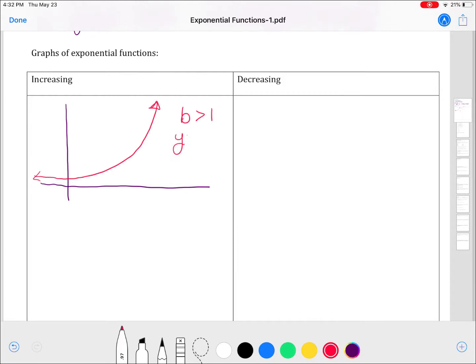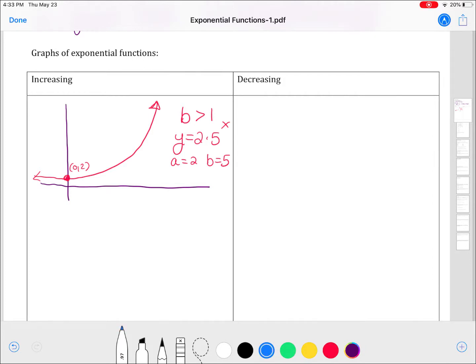For example, if I had the function 2 times 5 to the x, my a is 2 and my b is 5. Since my b is greater than 1, it's going to be increasing, so it's going to go up left to right. My value of a, 2, is going to be my y-intercept. So this would be the point (0, 2) where it crosses the y-axis.